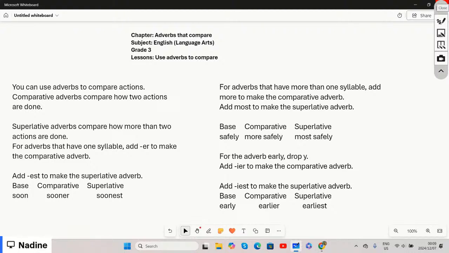And when it comes to adverbs that compare, we have comparative adverbs and we have superlative adverbs.